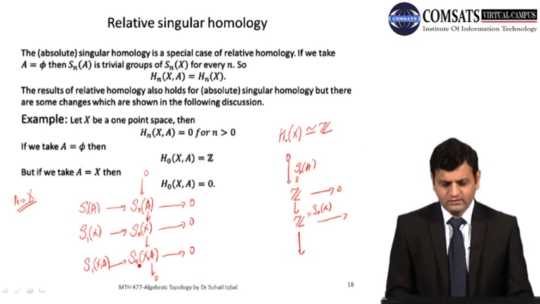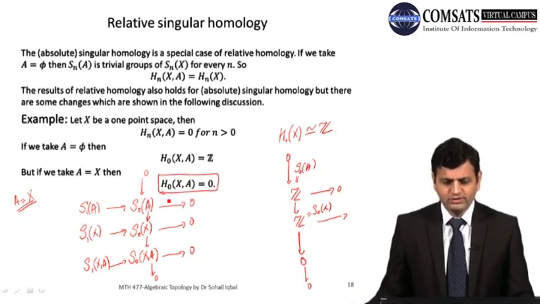This S naught XA is basically the quotient of S naught X with S naught A. So that's why we can say that this is 0, because both of them are Z, so the quotient is going to be 0. So then we can say that H naught of XA is 0. So the relative homology of a point when this subspace A is equal to X is going to be 0. So that's the difference between relative homology and the absolute homology.